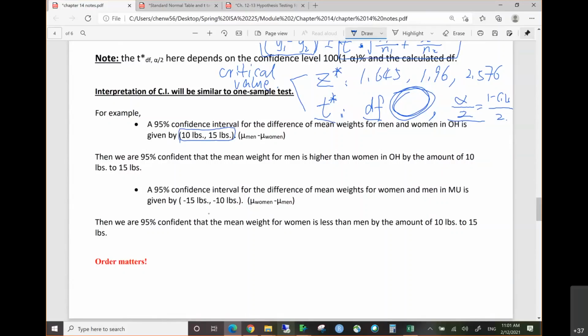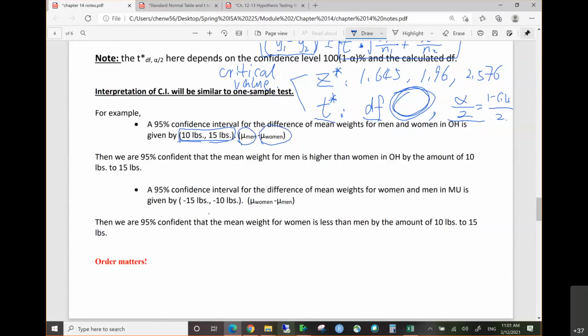What does that mean? First, this is a positive confidence interval, so the men's weight should be larger than the women's weight, by 10 pounds to 15 pounds.